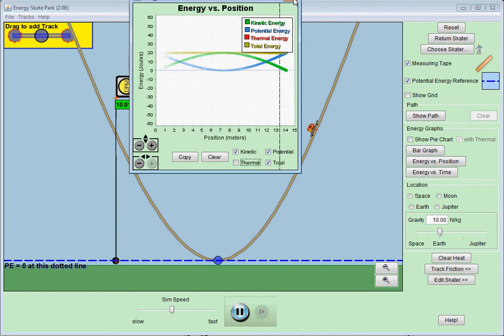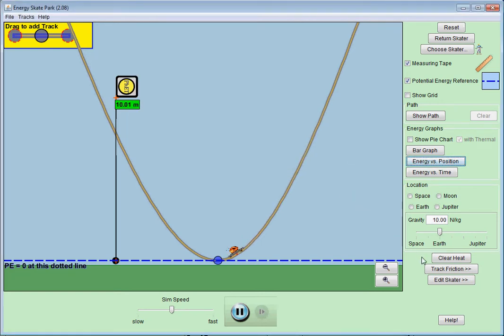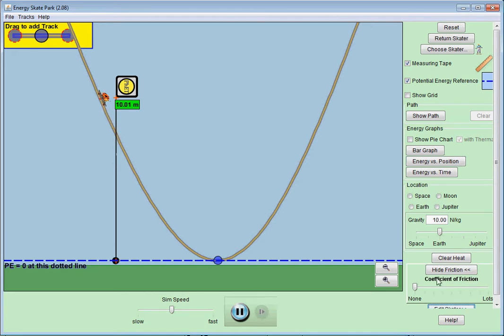Finally, I'm going to add a little bit of track friction, and we're going to take a look at the bar graph for the energy then. I'm going to add the track friction when the bug gets to the top, and just a little bit.